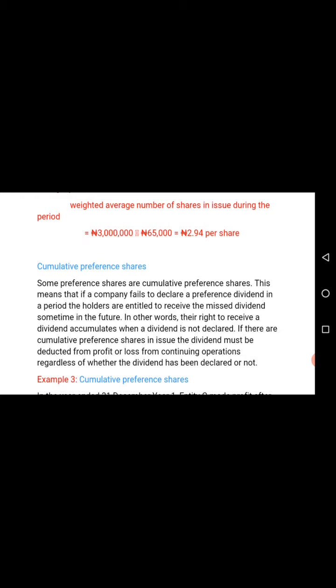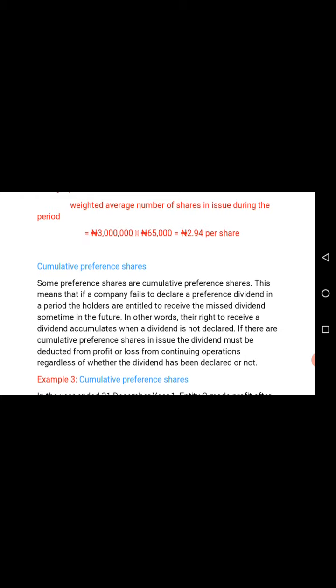In other words, their right to receive a dividend accumulates, it adds up, when a dividend is not declared. If there are cumulative preference shares in issue, the dividend must be deducted from the profit or loss from continuing operations, regardless of whether the dividend has been declared or not.